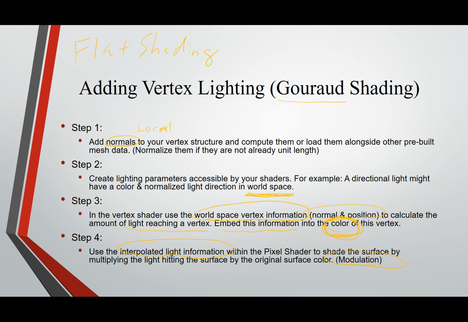But Gouraud shading, or vertex lighting, is what you'll be doing in the lab, because it's still pretty fast to do. Calculating this for every vertex is not too bad. With that said, that's not what you see in any game these days.